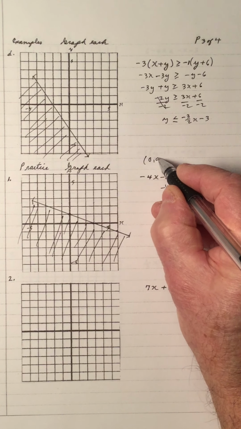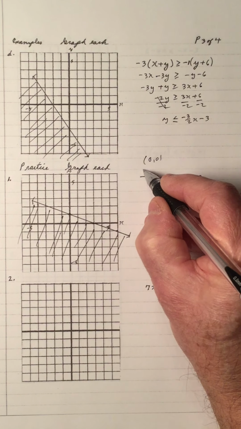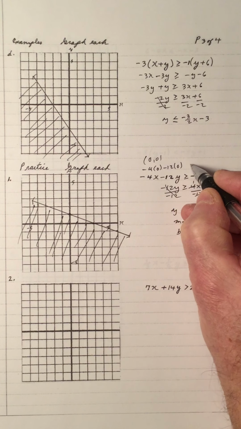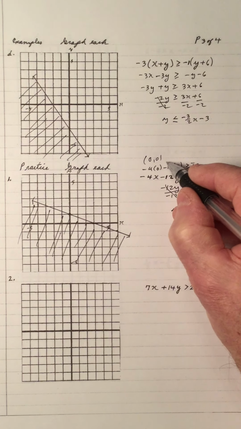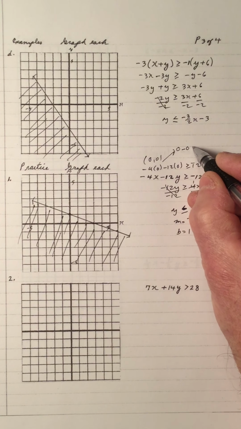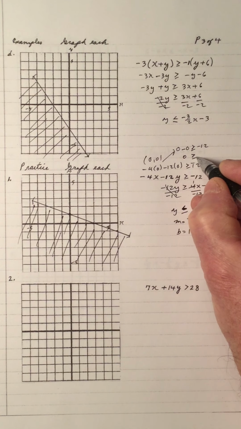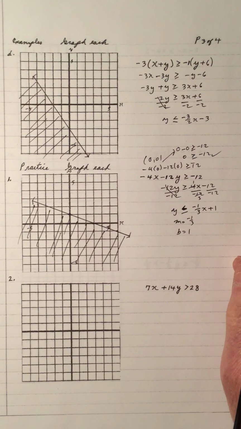Let's take the point 0, 0, which is right here. 0, 0 is in this shading, so that means that 0, 0 should be true. And that gives us a 0 there and a 0 there. So 0 is greater than or equal to negative 12, true, so we know we shaded right.